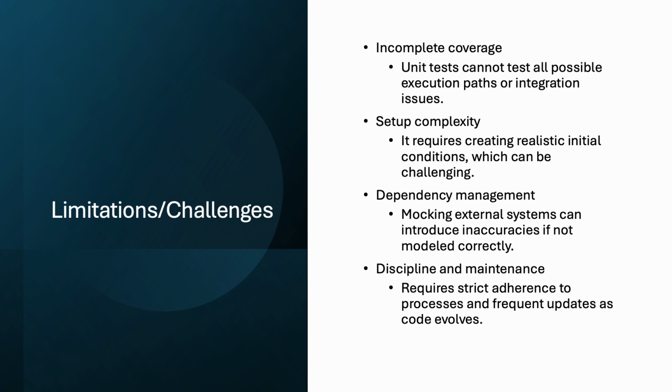So it is important to note that unit testing is simply one layer of a comprehensive testing strategy. Integration, system, and user acceptance testing are also essential to make sure of a well-rounded approach to software quality.